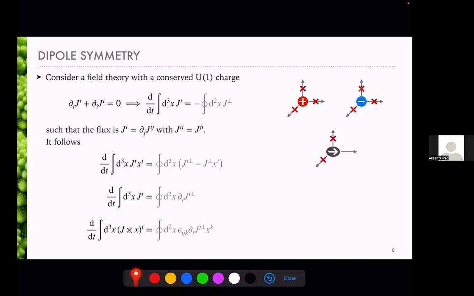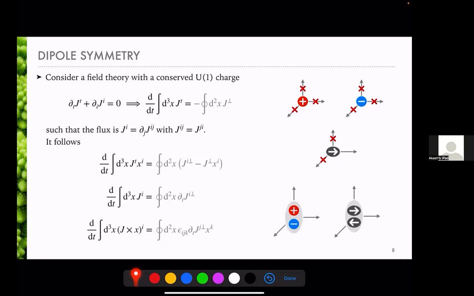Which essentially means that the flux cannot move perpendicular to it. So if you take a wire of charge, in this theory the wire of charge cannot move up or down. It can only move along the direction of its flux.